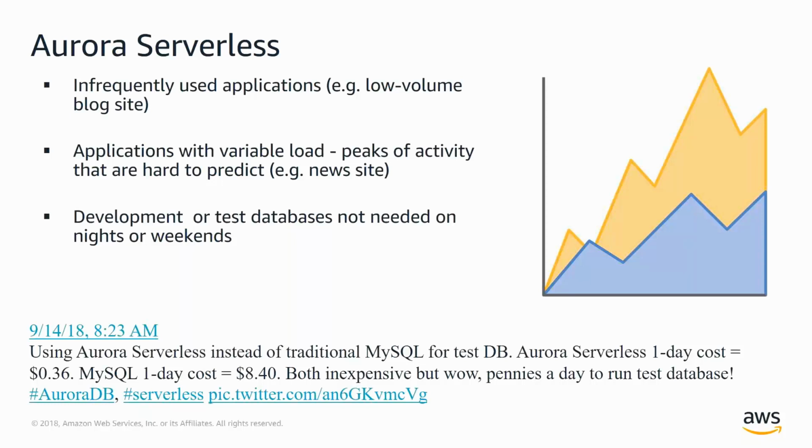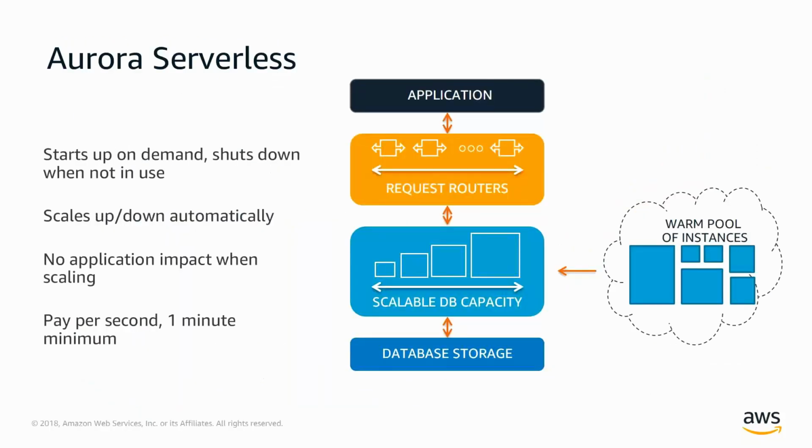But again, you've saved significant costs by not having it run all night. This here, like I said, it's the application. It sends the request to the request router. We scale the database capacity. It's the same storage. So you still get that same six copies of your data, and it's still highly available, highly durable, right?